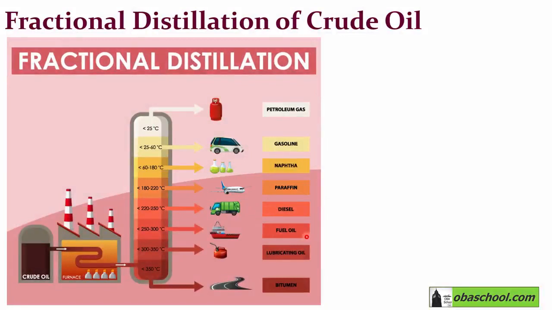And then diesel and fuel oil will be extracted at even higher temperatures, and they are used for lorries and taxis. And then we will have lubricating oils, which condense at very high temperature, between 300 and 350 degrees Celsius. The carbon chain is between 19 and 35 carbon atoms, and the residue left at the very bottom of the tower will be used for road surfacing.